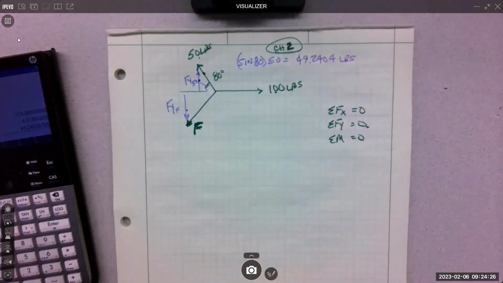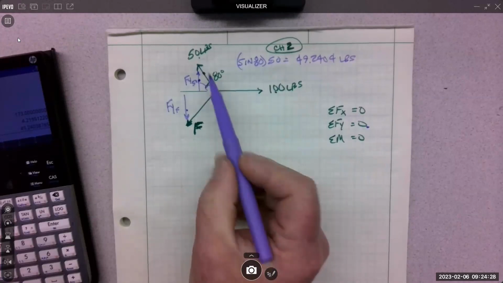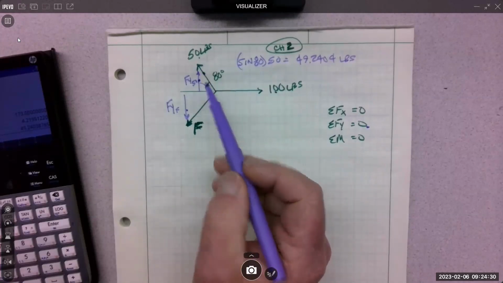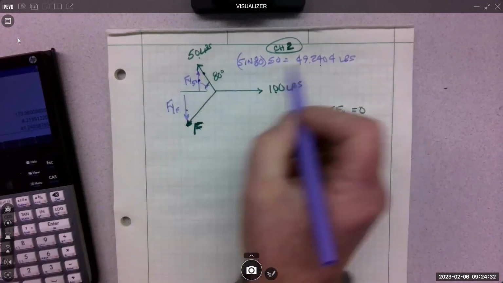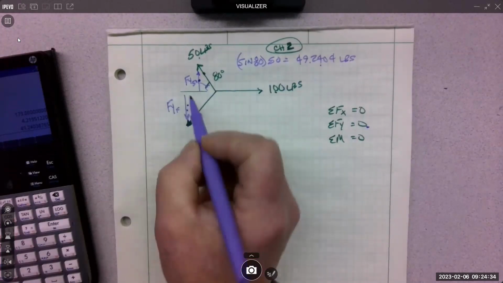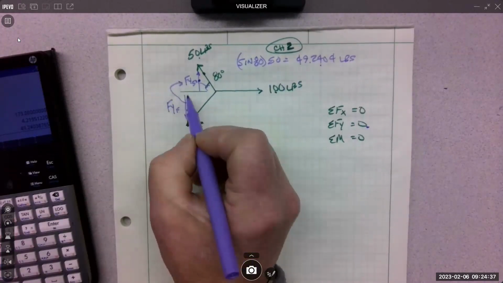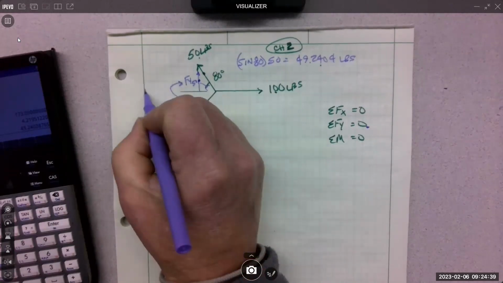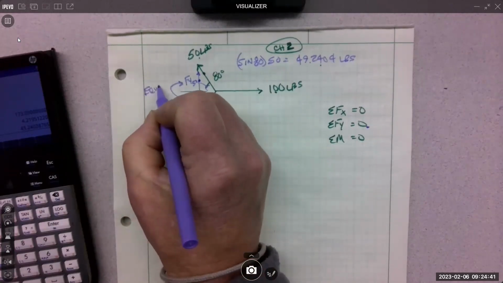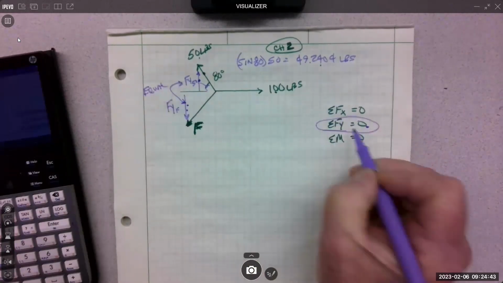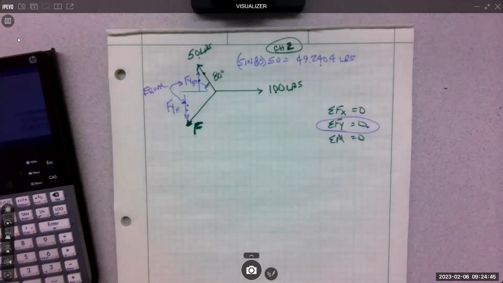Everyone see how I got that? That's just a component of this, right? And that is equal to that. It's got to be. These two have to be equal in order for this to be true. Make sense?